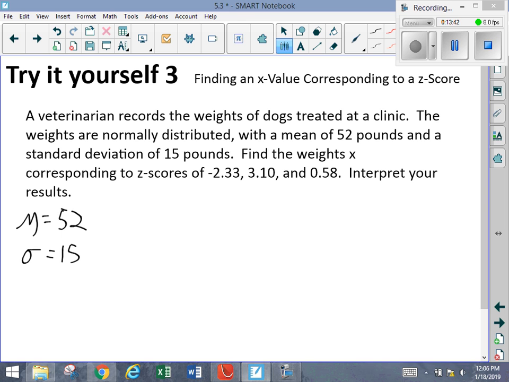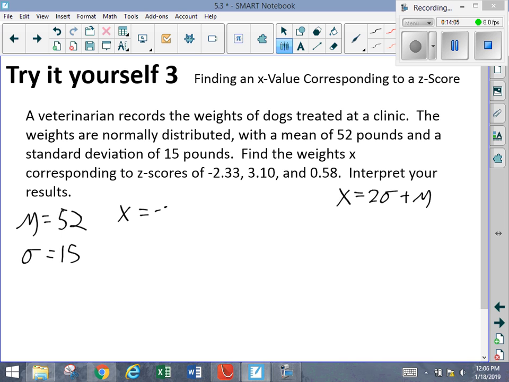So, we use our formula. We're going to use this: x equals z times my standard deviation plus my mean. So, in this case, for the first one, for negative 2.33, we get a z-score.